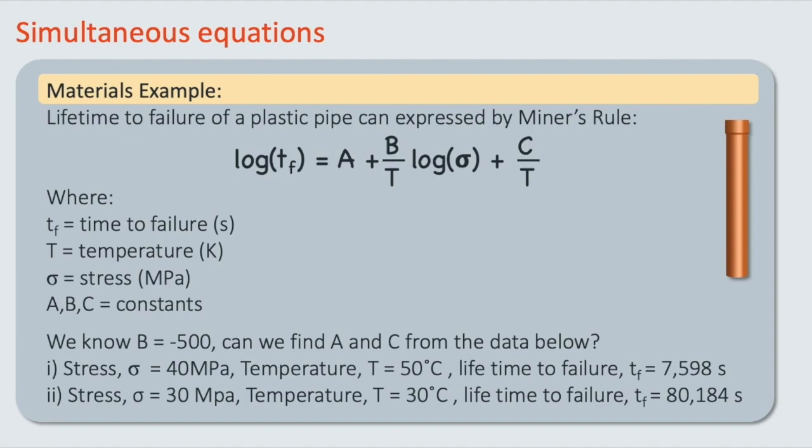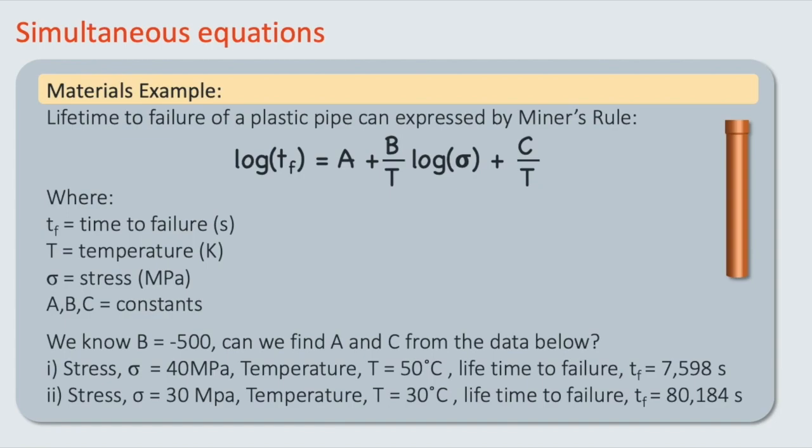The following information is known for a given pipe. When a pipe is subjected to operational condition 1, where stress applied is 40 megapascals, operating temperature is 50 degrees Celsius, the lifetime to failure is 7,598 seconds.